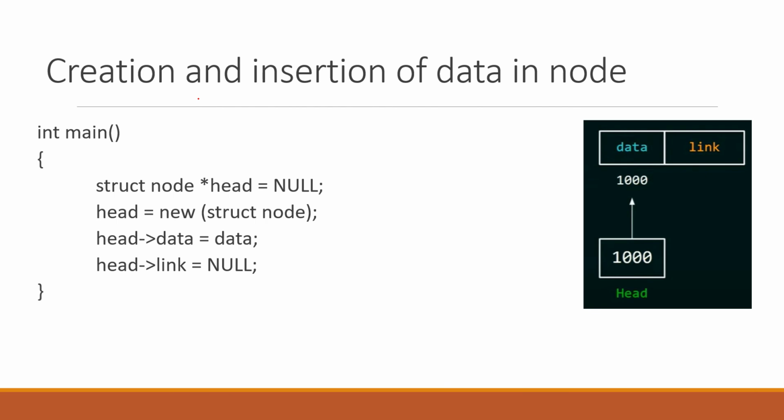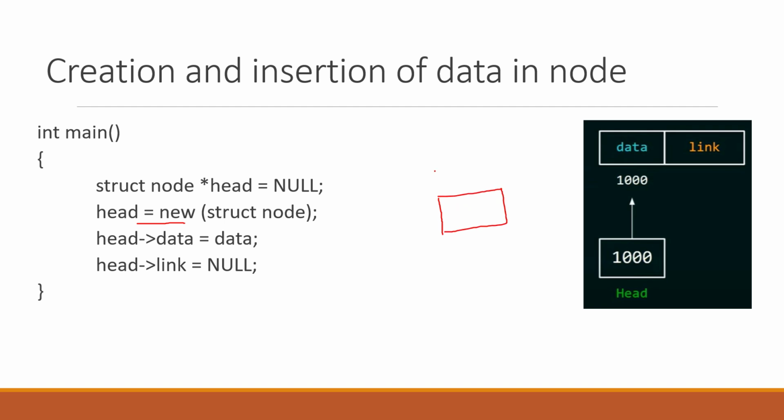Creation and insertion of data in a node. This part will represent that we do not have any list in our memory and we have to create our first node. Struct node head is equals to null. We have created a new node, means currently the situation is that head is equals to null.